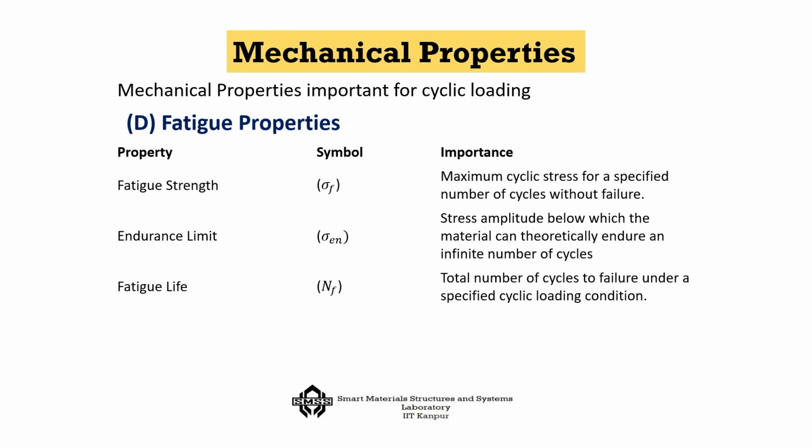And the next one is for cyclic loading, because there are many mechanical systems which are subjected to cyclic loading. For example, the aircraft: every time you fly up, you are going to get a high pressurization, so that in a very rarefied atmosphere people can survive. Then when you are touching down, you have to again open up the door and the pressure has to become the same as the pressure at the ground.